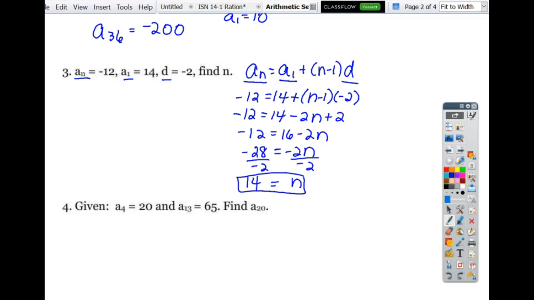So 14 and 2 makes 16. Not always, but this time I am.